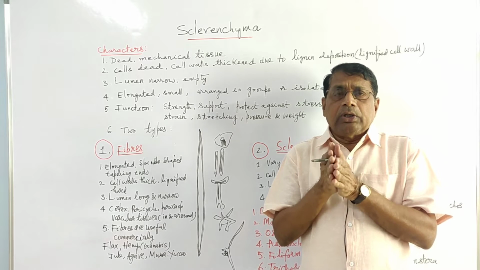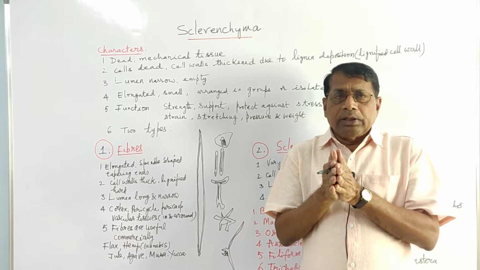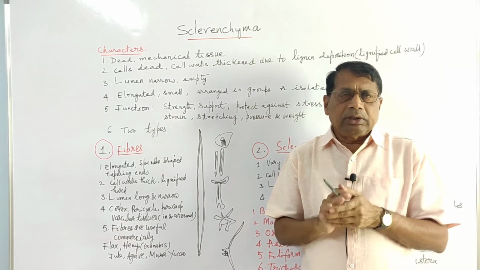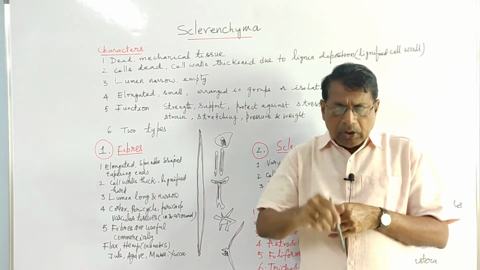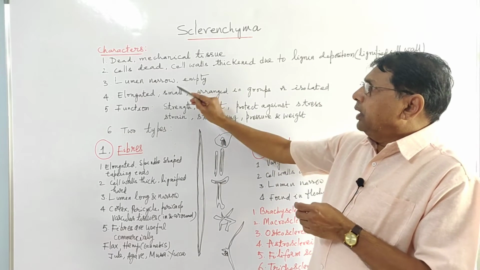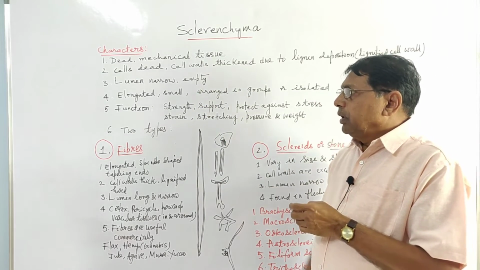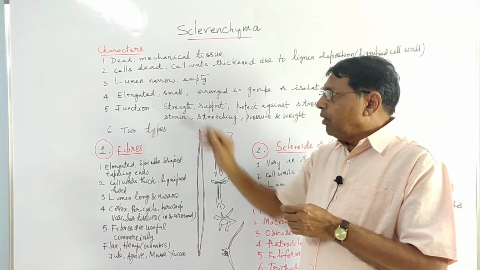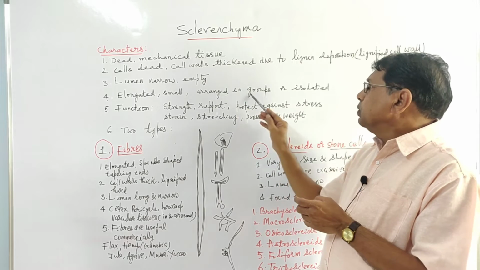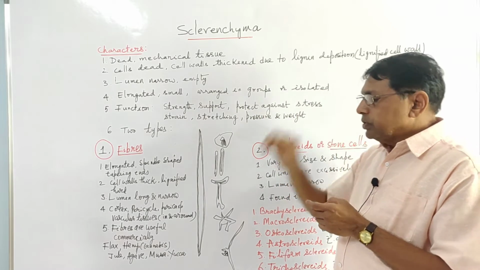Therefore, it is so much thickened that the lumen will be very narrow and empty. Nothing will be there. Lumen means inner space in the cell. Lumen narrow, empty. The cells may be elongated, small, or arranged in groups, sometimes isolated.